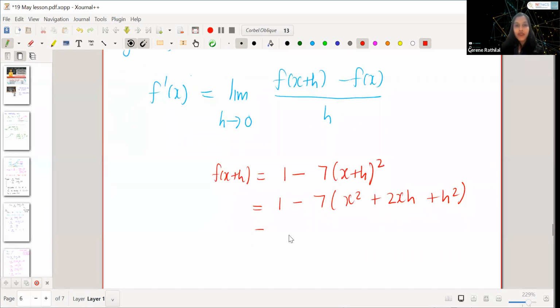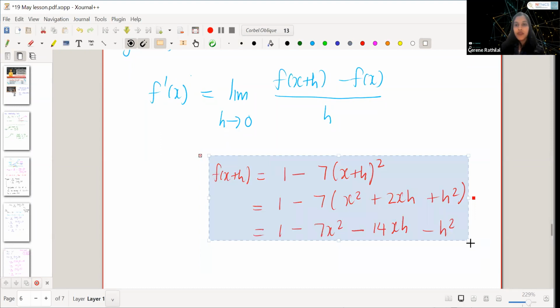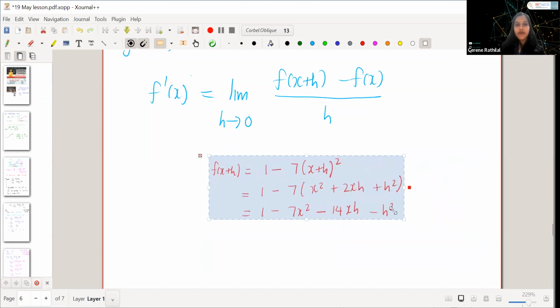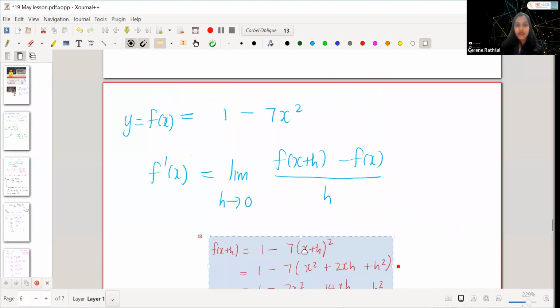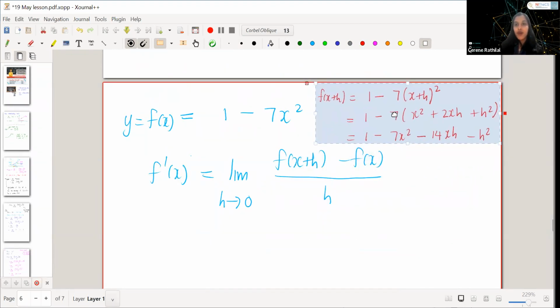And so this is 1 minus 7x squared minus 14x times h minus h squared. Is everybody happy with this calculation? I'm just waiting for some chat box responses before we move on. So that's the calculation that we've done here.